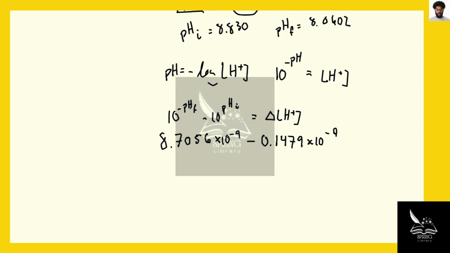And if I calculate this, 8.7056 E negative 9 minus 0.1479 E negative 9, I get 8.5577 times 10 to the negative 9th.